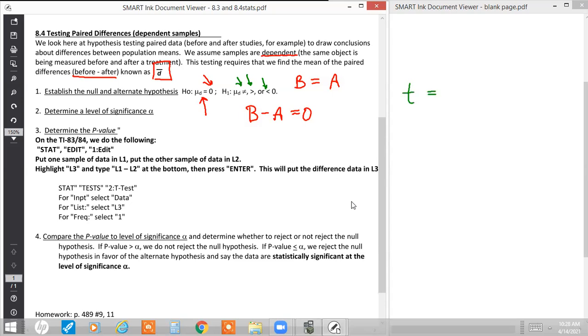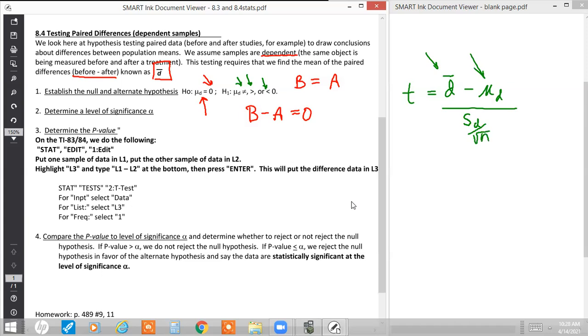They're going to take that D bar and subtract the population mean of the differences, excuse me. So you have your sample statistic minus your population parameter divided by the standard deviation. So that's the standard deviation of your D values over the square root of n.